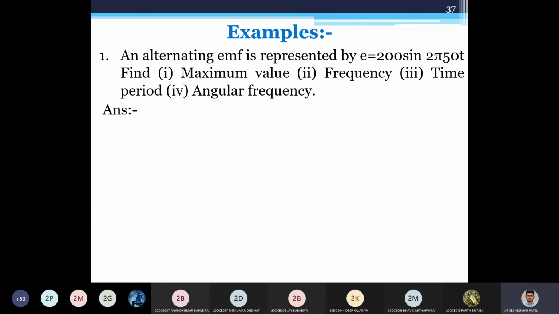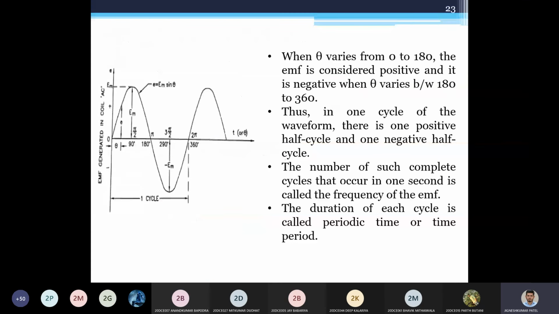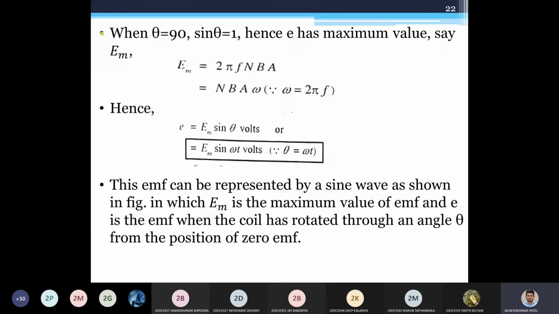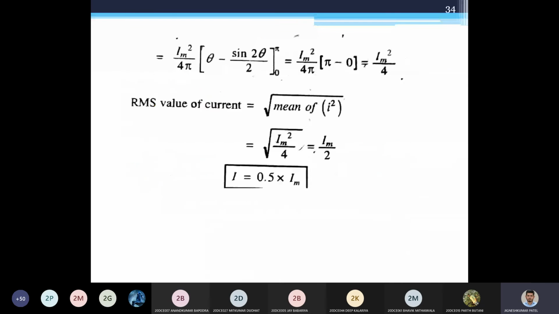We know that the equation for your alternating current is Em sine omega t volts, or Em sine theta, you can say, where omega t is your angular frequency. So how to calculate the different things asked in this example?